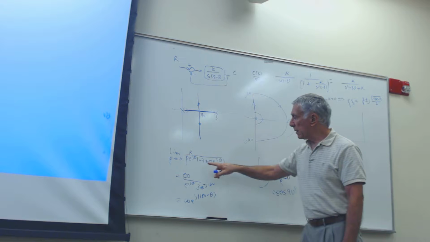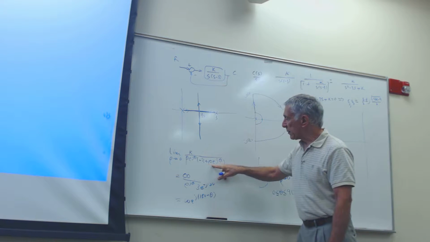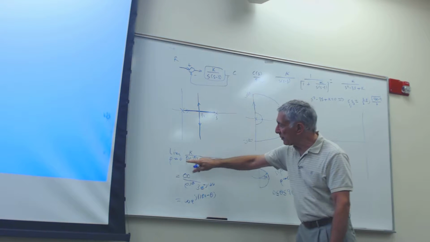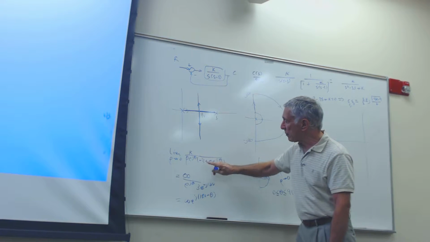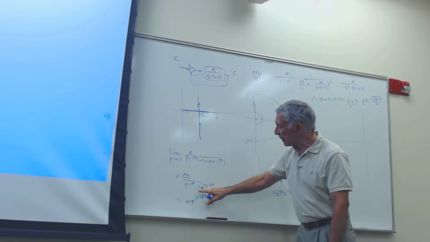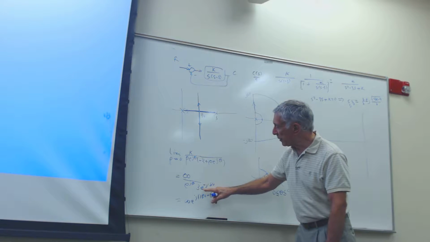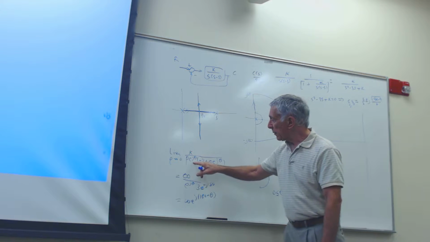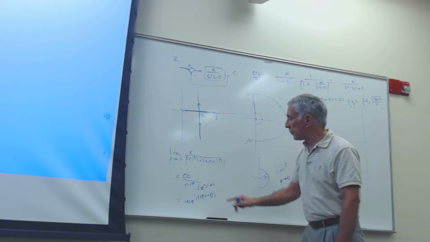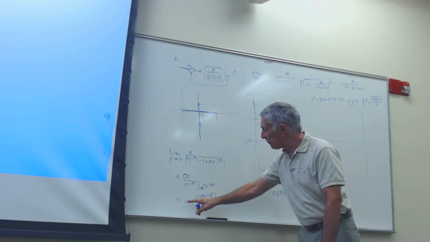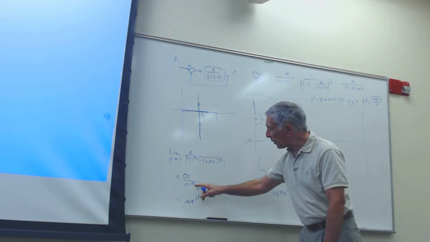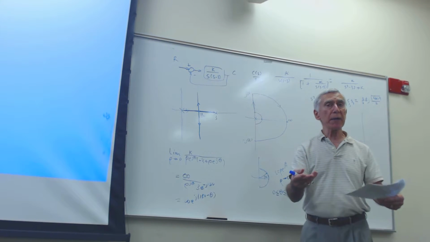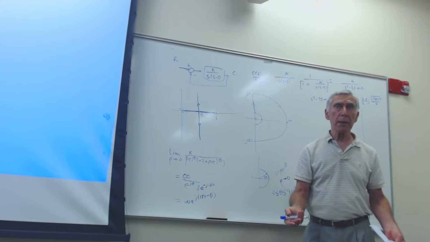In parentheses, the rho e to the j theta is going to go away because rho is going to 0, so all we're left with is minus 3. The minus 3 can be represented as 3 e to the minus j 180. And here we have the e to the j theta. We combine these two exponentials, and in the denominator it would be theta minus 180. Bringing them into the numerator makes them 180 minus theta.